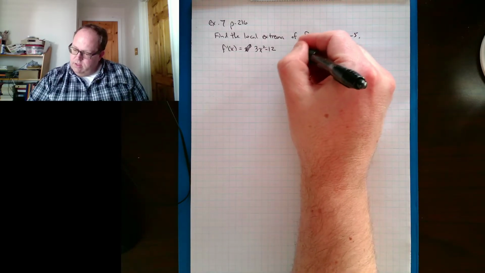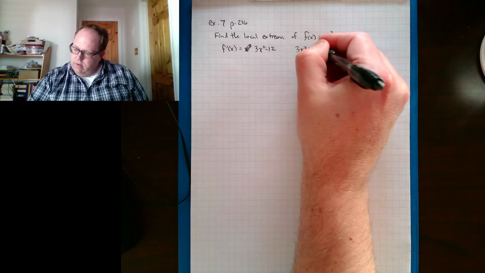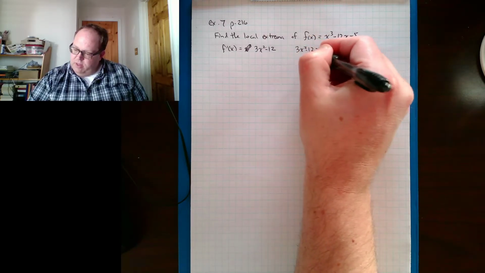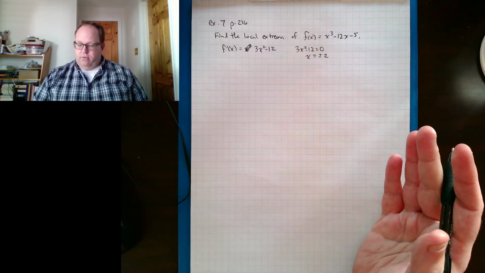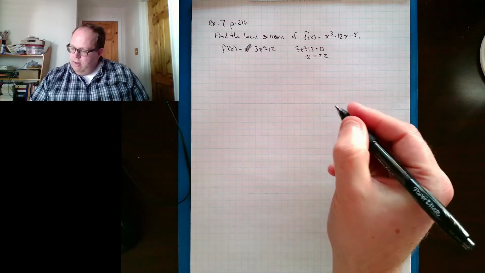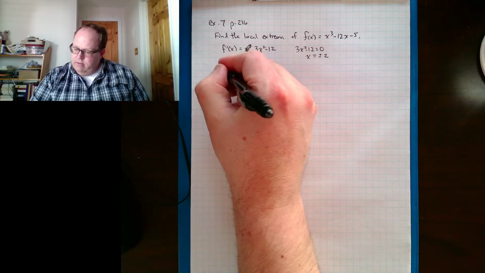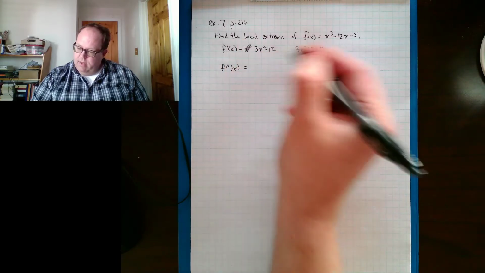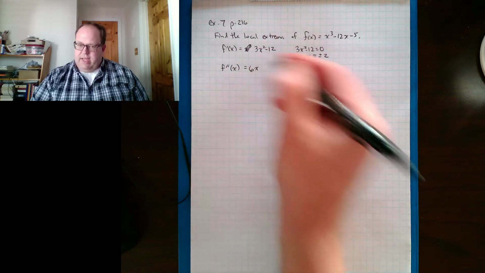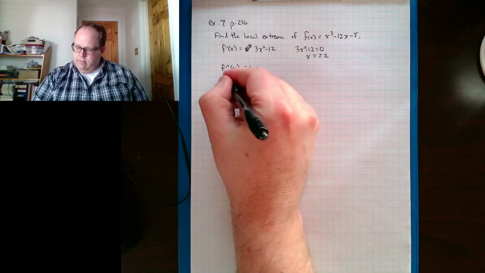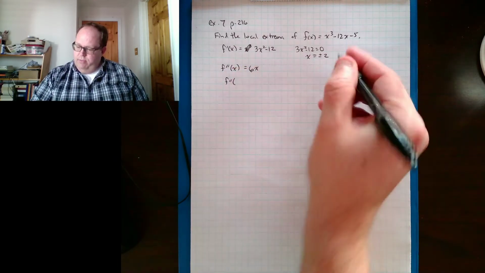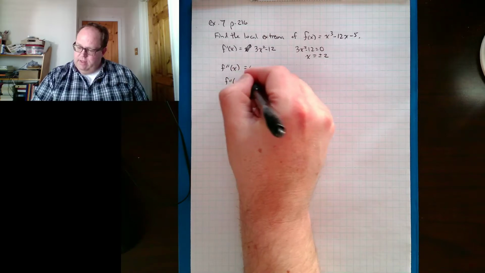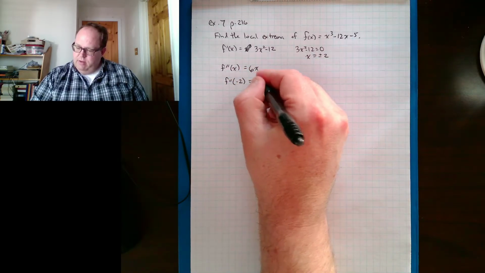So this equals 0 when x equals plus or minus 2, same as we had before. But now I'm going to take a look at my second derivative. My second derivative would equal 6x. So if I put negative 2 into this, I end up with negative 12.